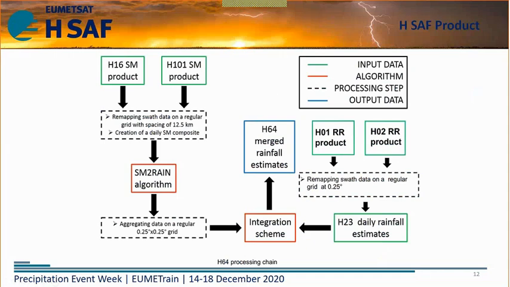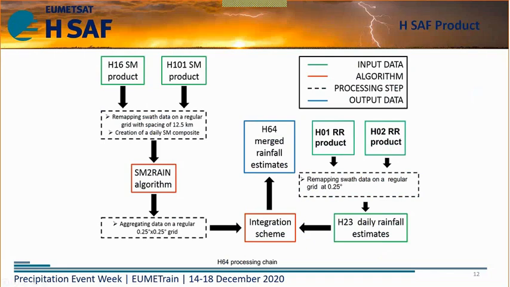Basically, we use the soil moisture data obtained through the Metop A and B ASCAT instruments, available as product H101 and H16 from H SAF. We use the SWATH format at 12.5, and we regrid everything over a grid with spacing of 12.5 kilometers.